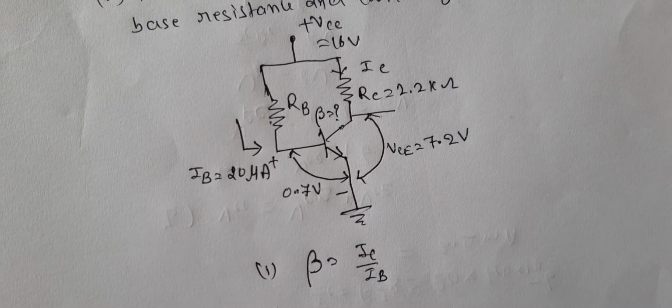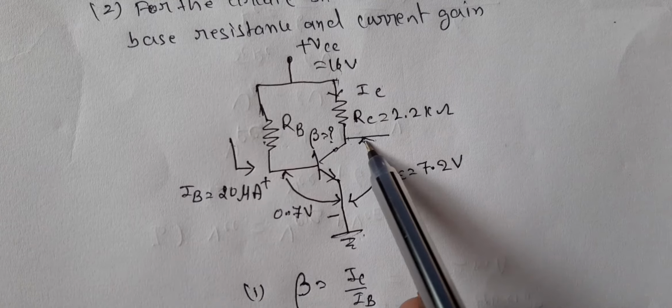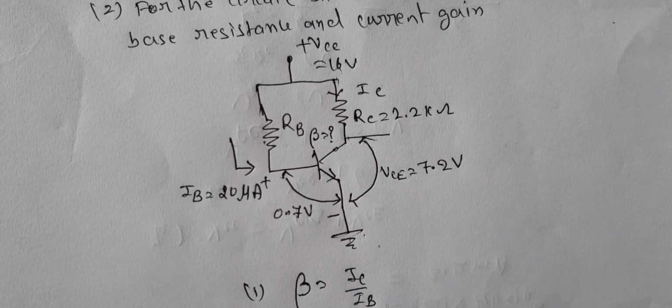Therefore, VCC is equal to the voltage drop across this plus the voltage drop across this. The voltage drop across this is ICRC plus VCE.